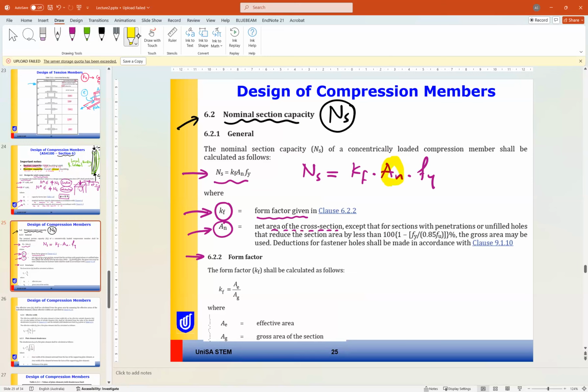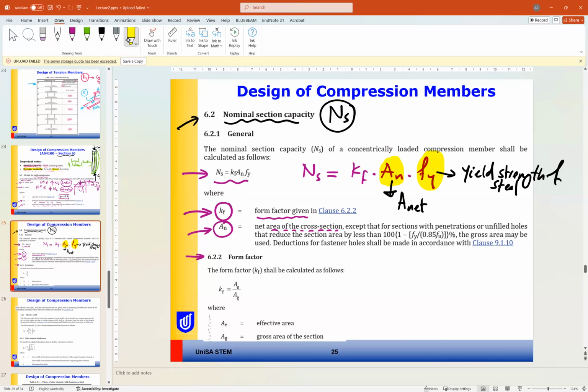A net we have seen before in the tension member. F yield we have also seen before in the tension member, the yield strength of steel. An is the net area.